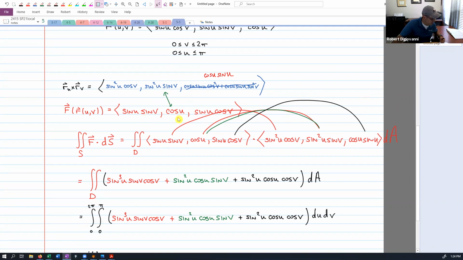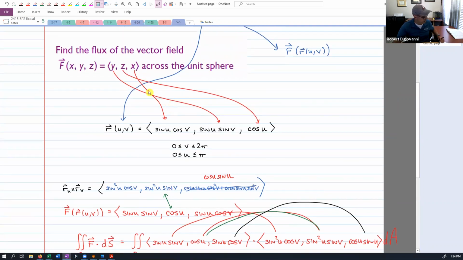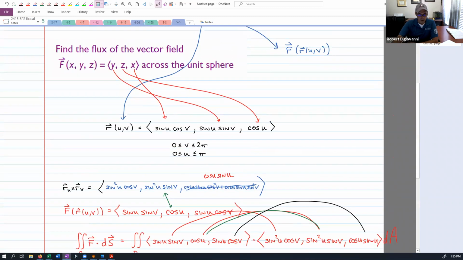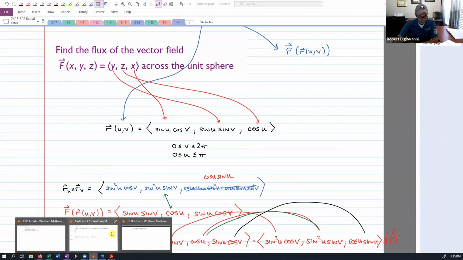I think I used a different vector field. Whatever. Okay, we're going to move on. This is dot, dot, dot. There's a number. That's your answer. That's your flux.